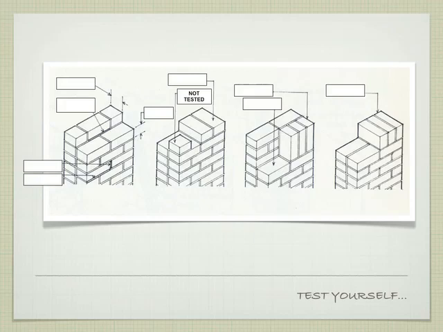What am I forgetting? Header. We have a collar joint. We have a course. We have a withe. So shoot for like 4, right? Maybe 5.